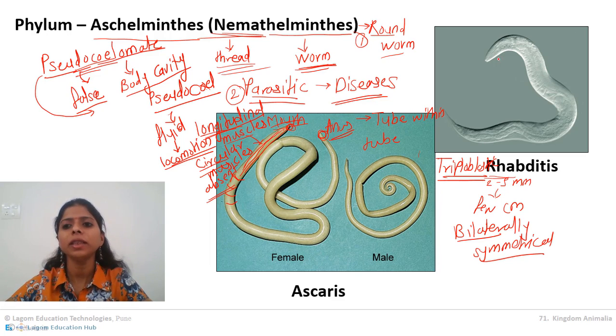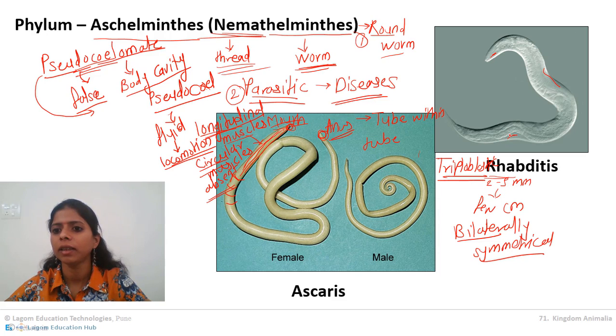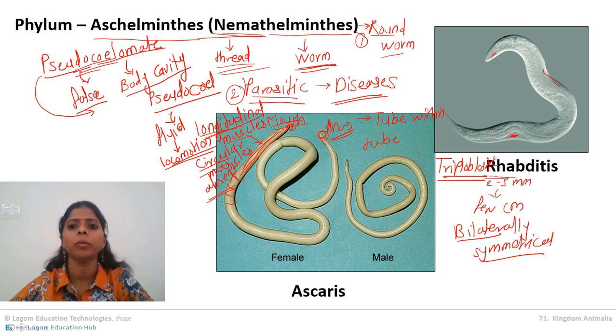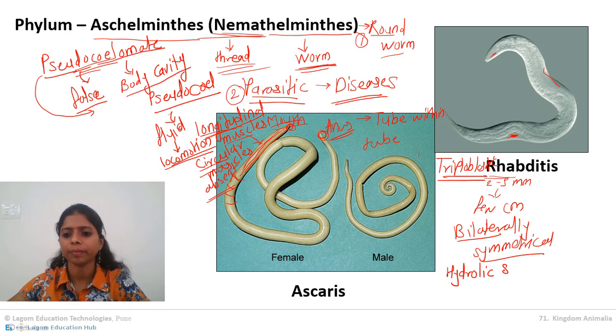If you see this animal Rhabditis, it is transparent, so you can see the pseudocele here, and it is clear. It is filled with water and helps the animal to crawl and move, so it is called a hydraulic skeleton. I'll write it here: hydraulic skeleton.